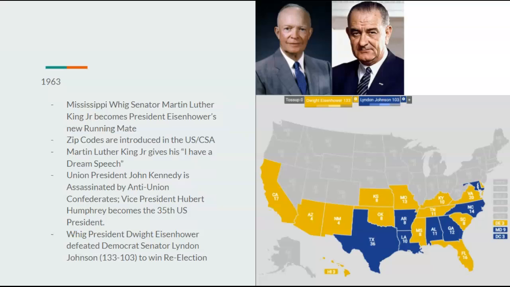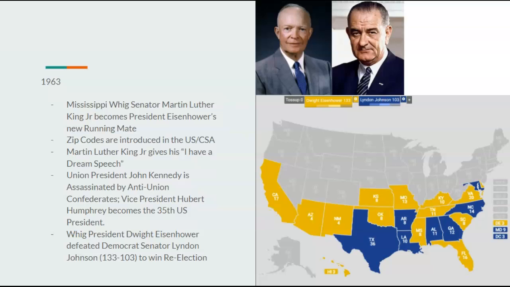They despise it, so they want to assassinate the president to make a point known. Or you could say that these are Union people who want to join the Confederacy and will assassinate Kennedy to do so. It's up to you. Vice President Hubert Humphrey would become the 35th President of the Union. So Hubert Humphrey was Kennedy's running mate, and he is now President.